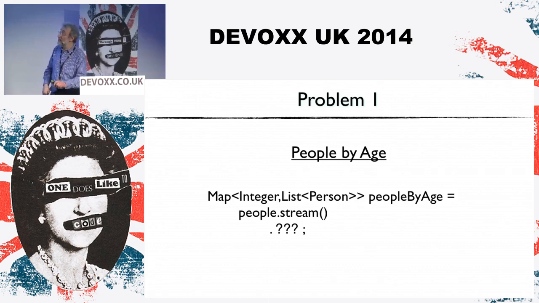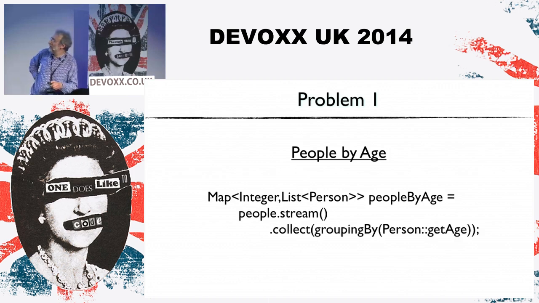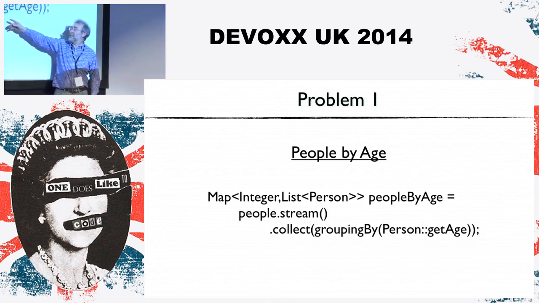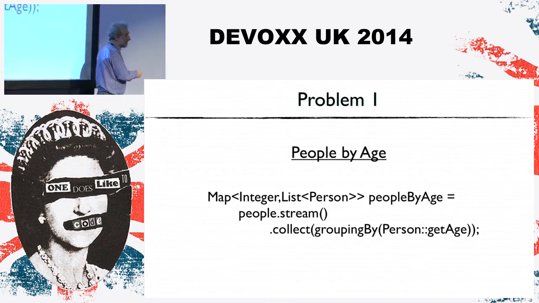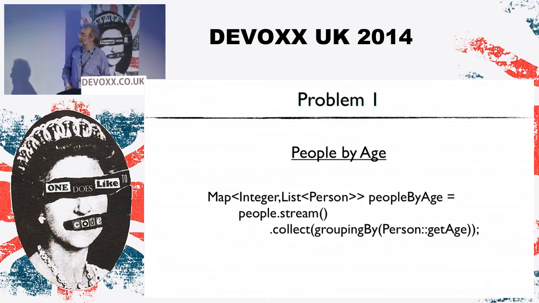So what's the collector that I need in order to be able to classify people? Grouping by age. The age is in this case the function itself that's going to take a person and give back the corresponding age. So that's going to give us that.